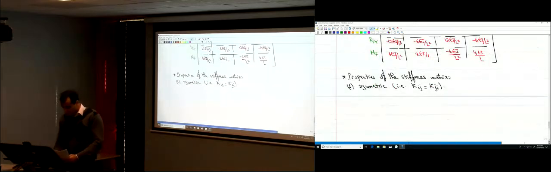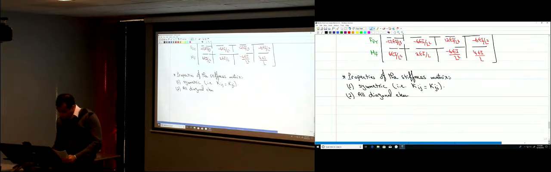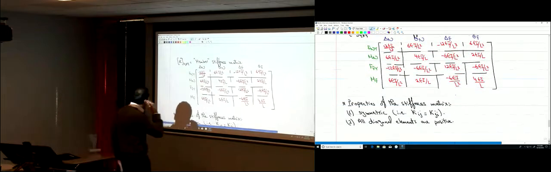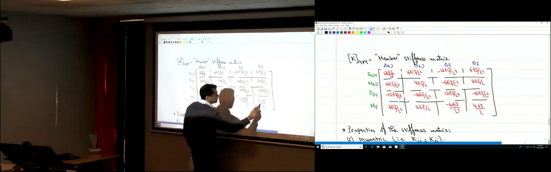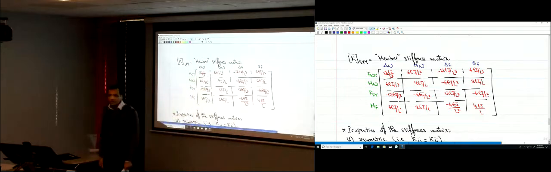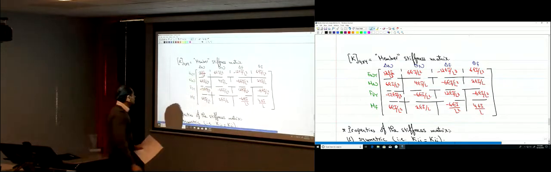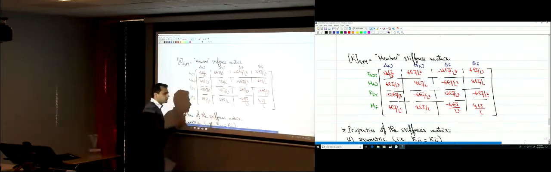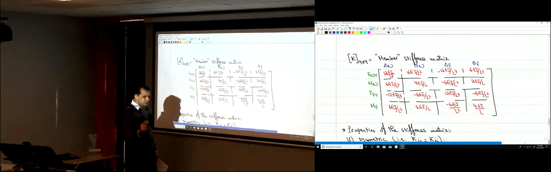That's the first property. The second property is that all diagonal elements are positive. As you see here, any element on the diagonal of this matrix is positive. It cannot be negative, because these elements relate the force and the displacement in the same direction.